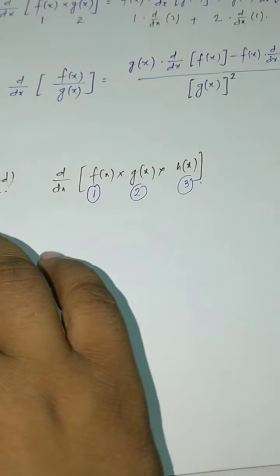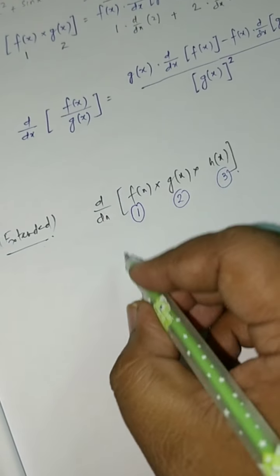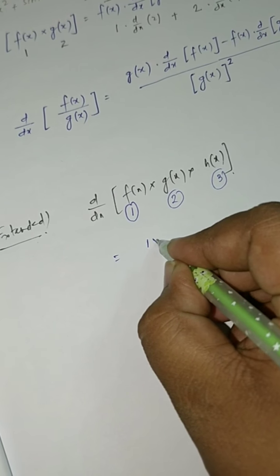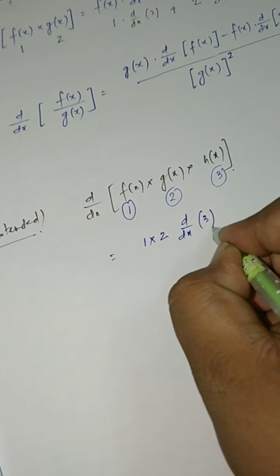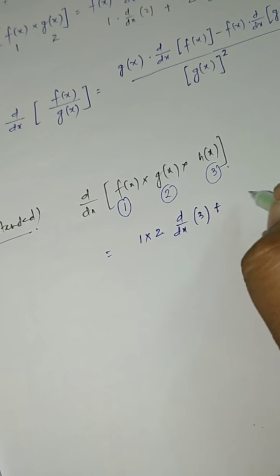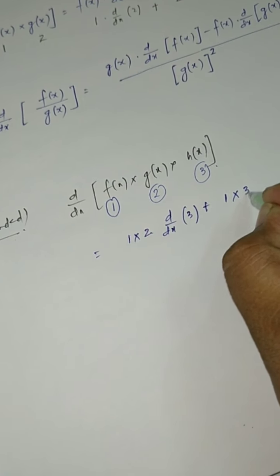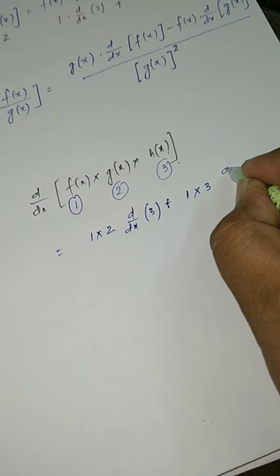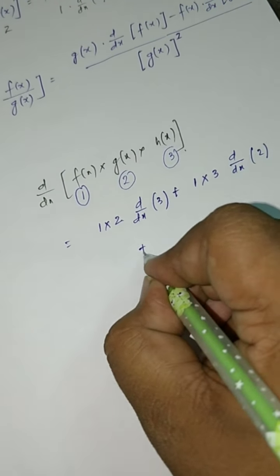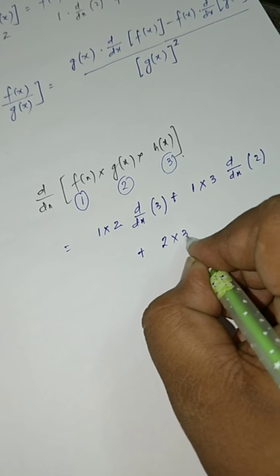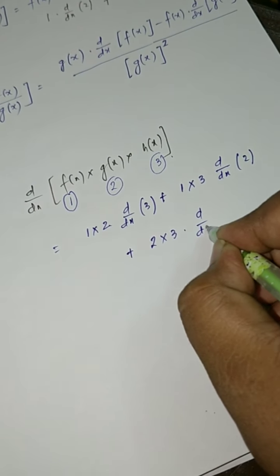So the differentiation is very simple. We'll keep the first function multiplied by the second function outside, and differentiate the third function first. Give a plus sign. Now I'll keep 1 and 3 in multiplication form outside and we'll differentiate the second function. Plus, let us keep the second and third function outside and now it will be d/dx of the first function.